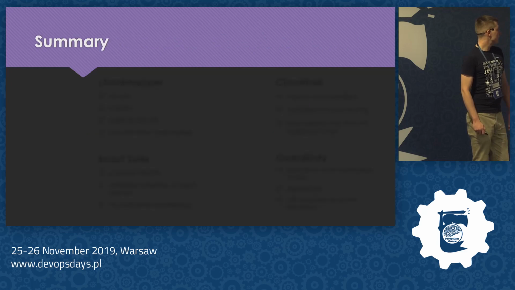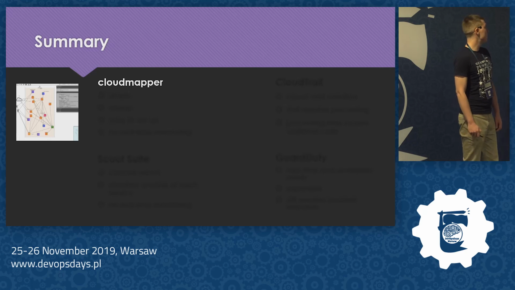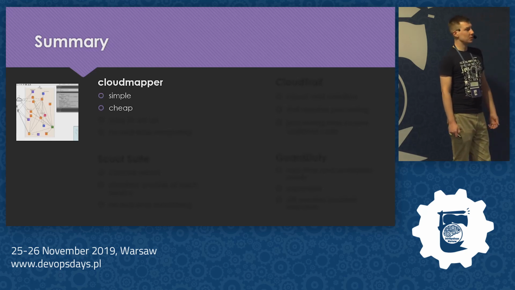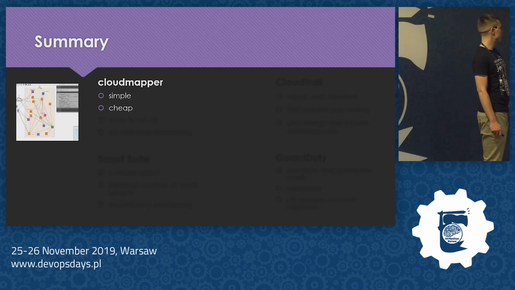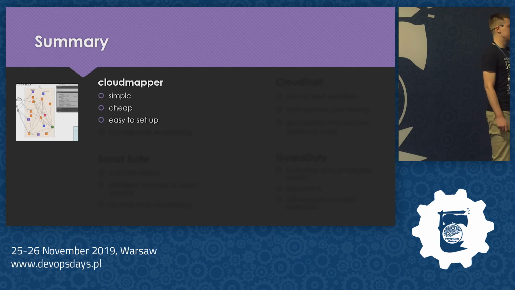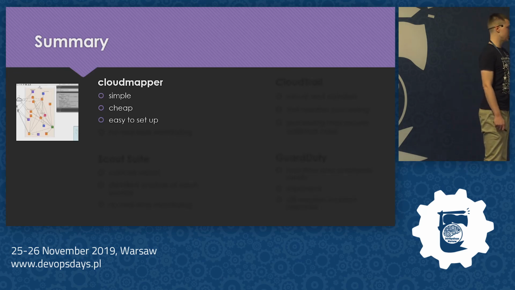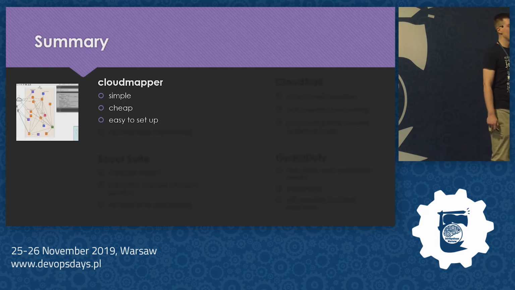And just in summary, first I've introduced this CloudMapper tool. It's relatively simple, cheap. Well, it's free. Obviously, you still need to have some time to run it. Easy to set up. There is not much configuration you need to do. Just create a security audit type role in your AWS account and the user that's in this role.